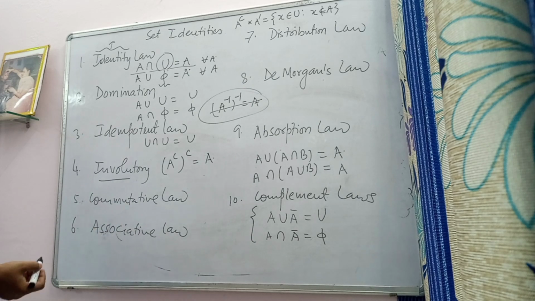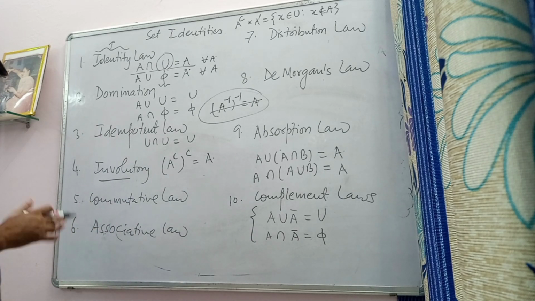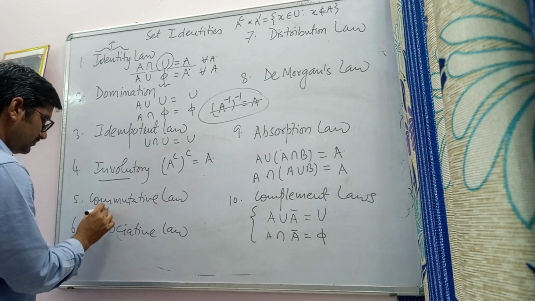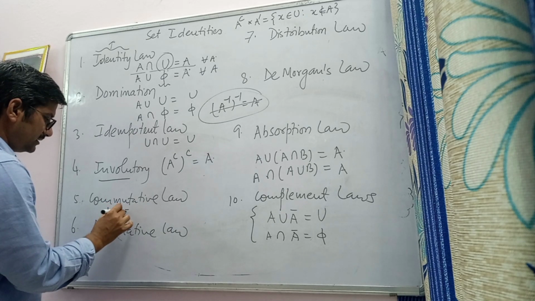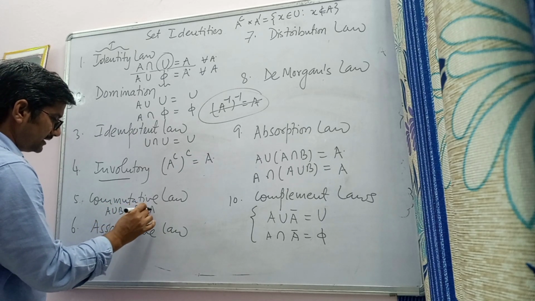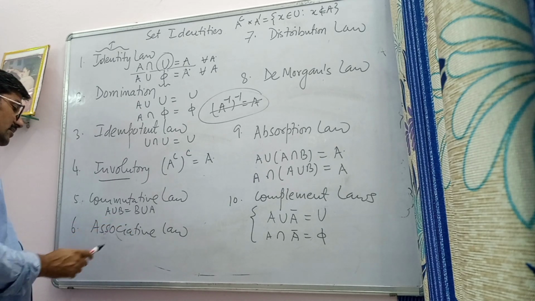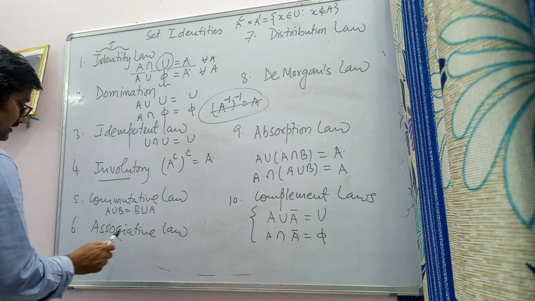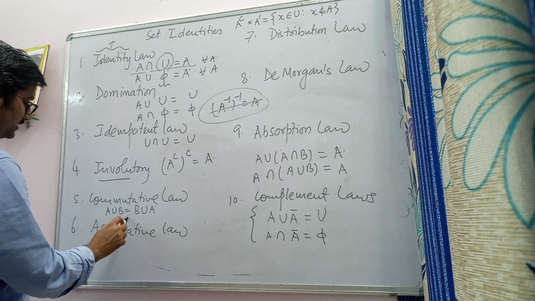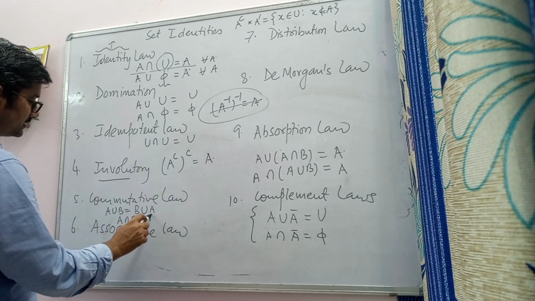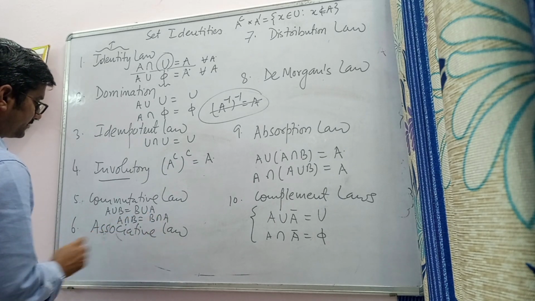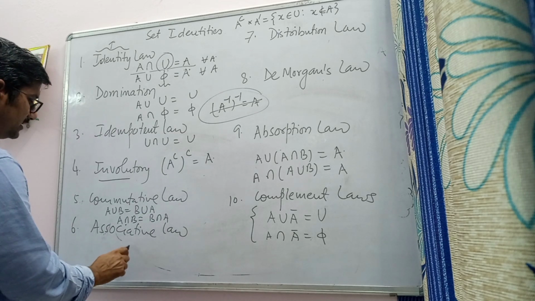Commutative law. Commute means changing the order. So in the union operation, A union B is always equal to B union A. It means the order of the sets is immaterial. Similarly, in the intersection operation, A intersection B is equal to B intersection A. Associative law.